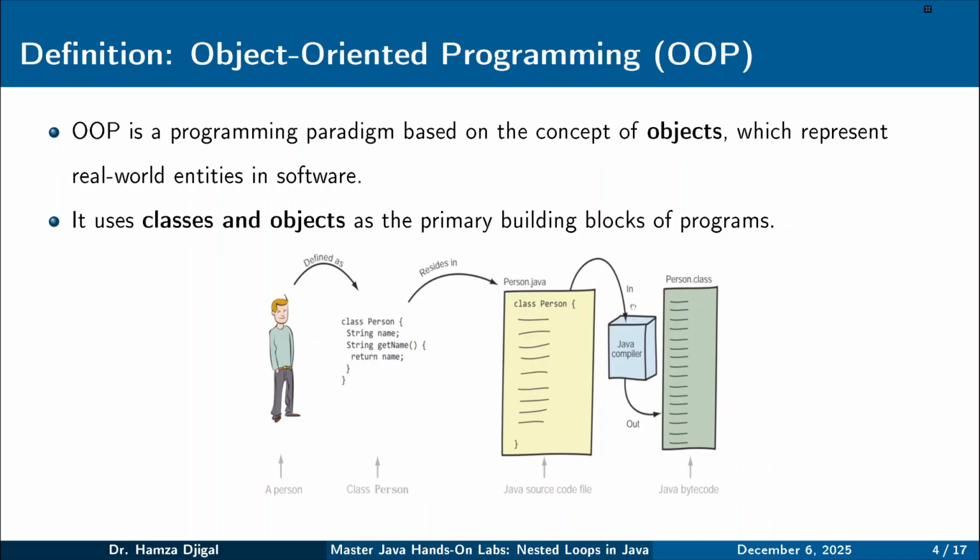So let's see, now we have a person. Let's assume we want to create a person management system, or we can say an employee management system. From the person we can define some common attributes, which we'll explain later, and from these attributes that the person has we can design a class, and that class can be compiled and print the output.